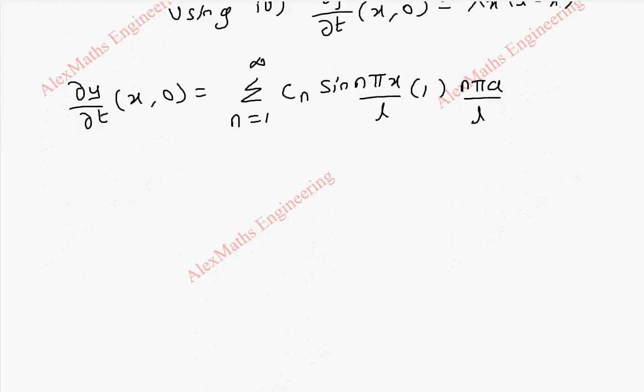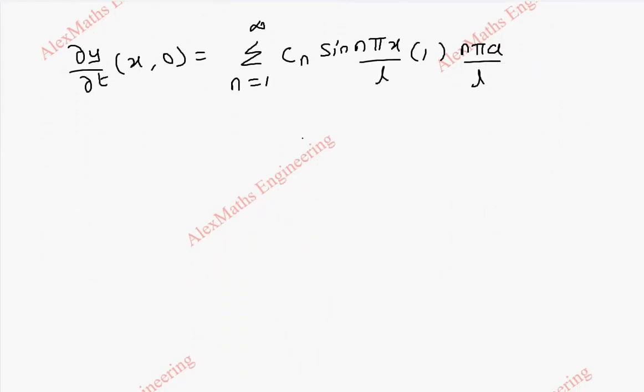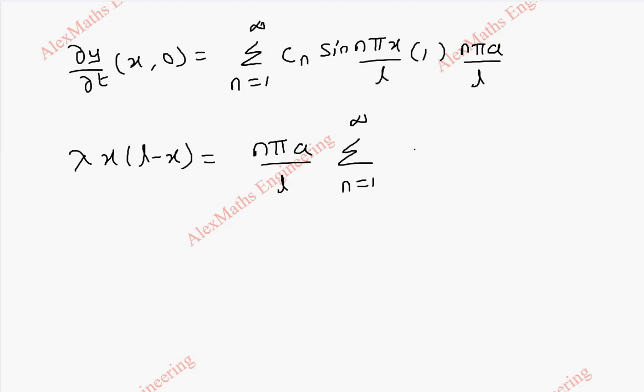Now let's take this constant outside, n pi a by l, we take it outside the summation, and n is equal to 1 to infinity, and here it is lambda x into l minus x, this dou y by dou t of x comma 0.